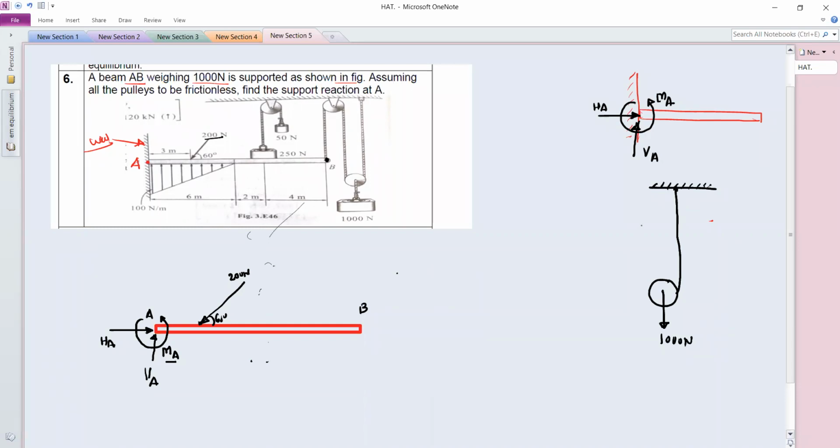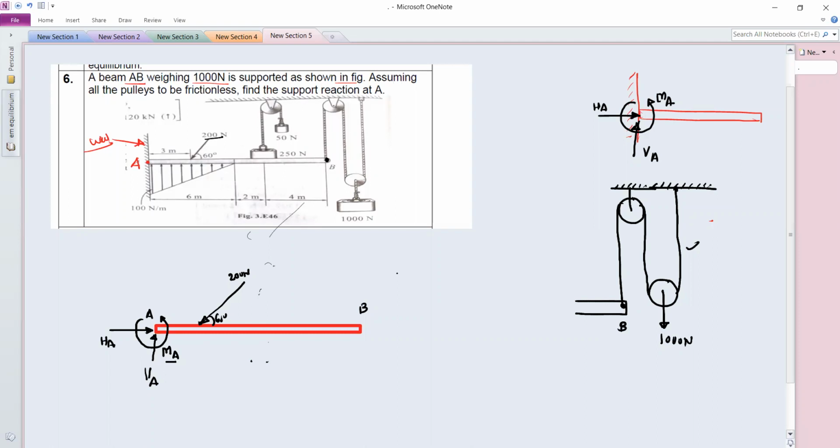Okay. Then there is another pulley like this. This pulley is fixed. And it is the same rope which is passing over the second pulley. And then here it is connected at this point with the beam. Okay, so this is the beam and this point is B.